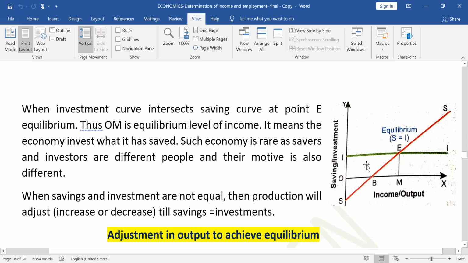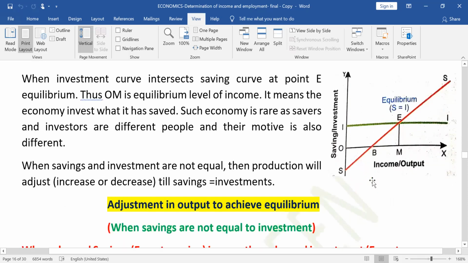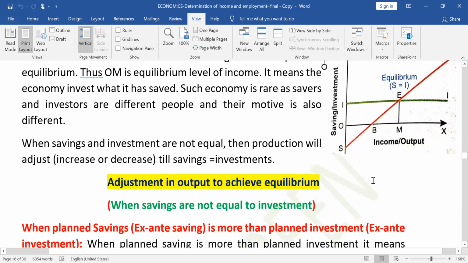When we say investment is more than saving, it means aggregate demand is more than aggregate supply, because aggregate demand is C plus I, so investment we have derived from aggregate demand, and aggregate supply is C plus S, so saving we have derived from aggregate supply.